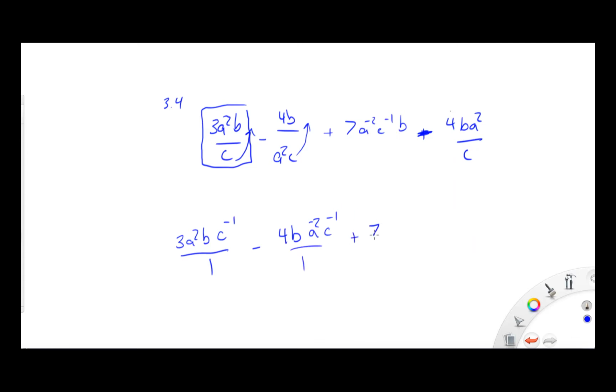Plus 7, and we want to make the exponents positive, so let's put a squared c down here, and we're going to leave b upstairs. For this one, you know what? Let's take these two, this a negative 2 and c negative 1, and let's keep it on the denominator. Okay, so let's put it down here.